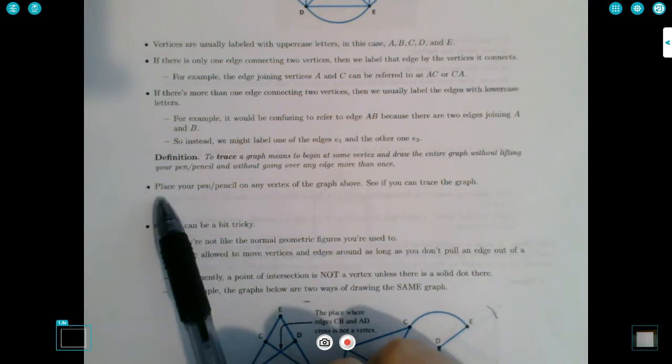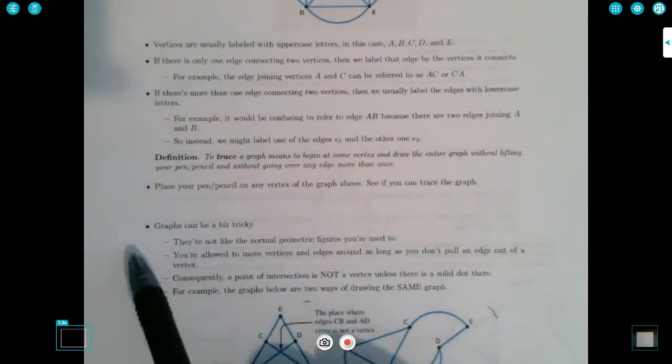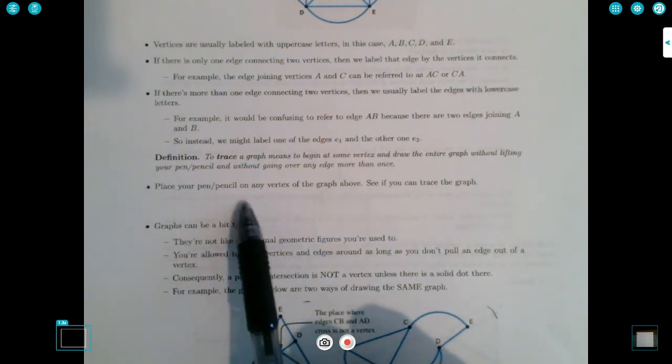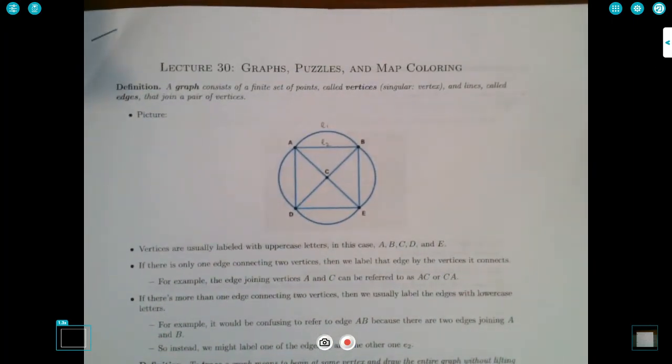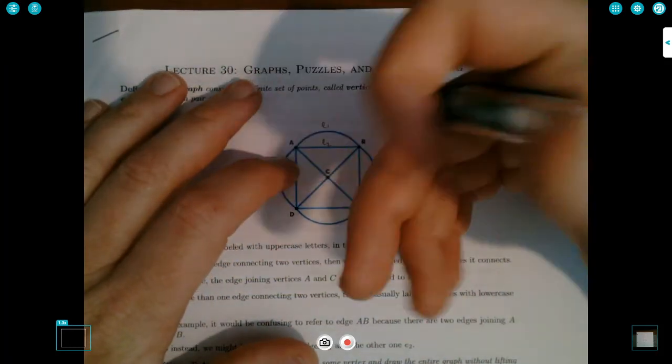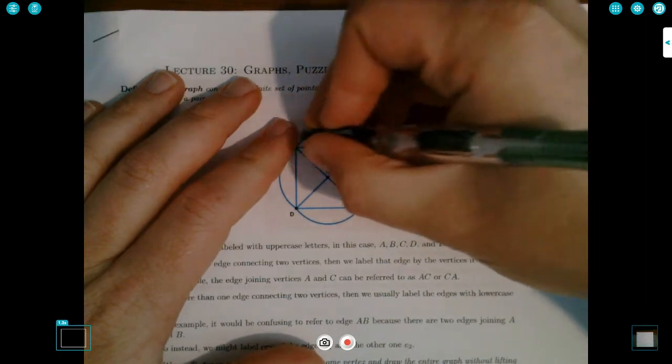So to give you an example, let's try with this graph up here. Let's place our pen or pencil on any vertex of the graph above and see if we can trace the graph. I'm going to do this in pencil so that I can erase if I need to.